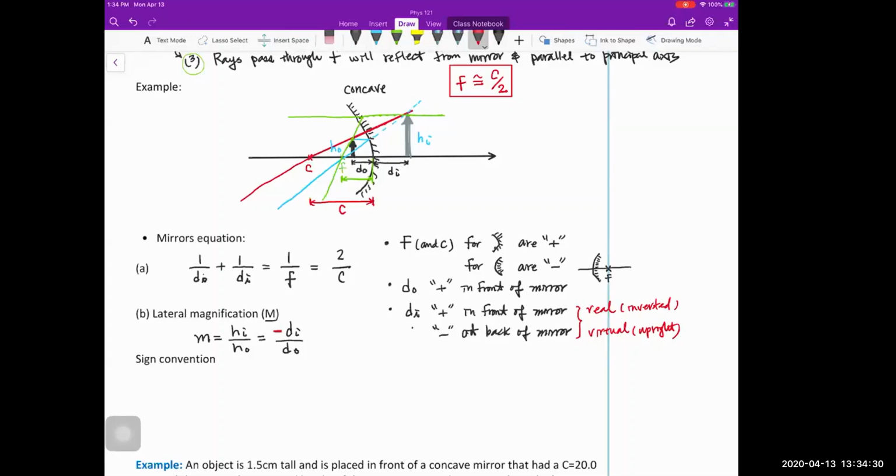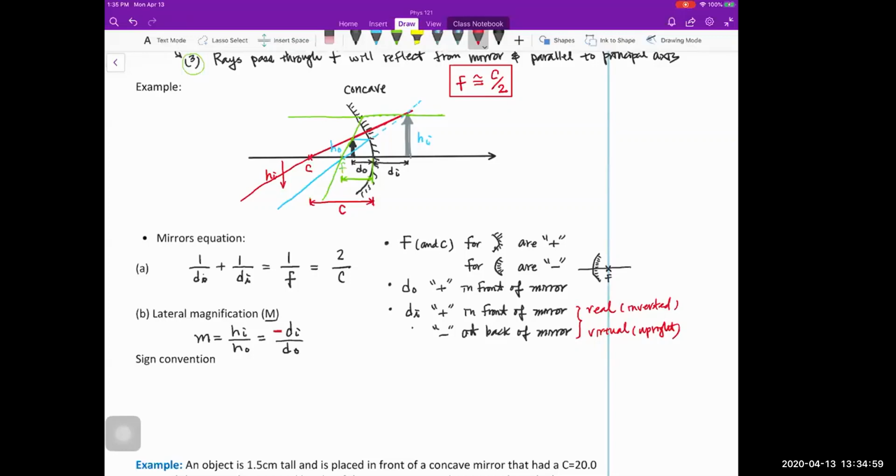If you get a negative magnification, that means the image height is upside down relative to the object. If this is the image height, you're going to put a negative value there, and that tells you the image is going to be a real image.